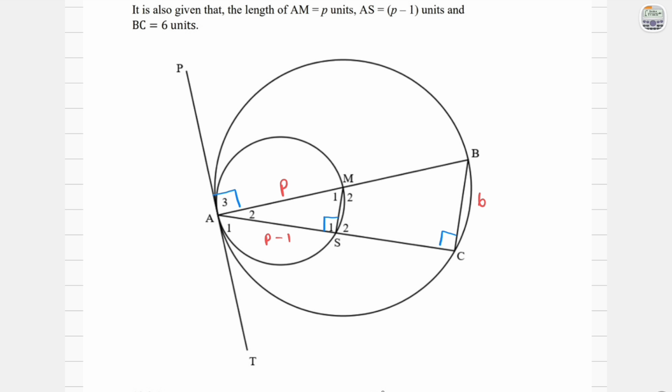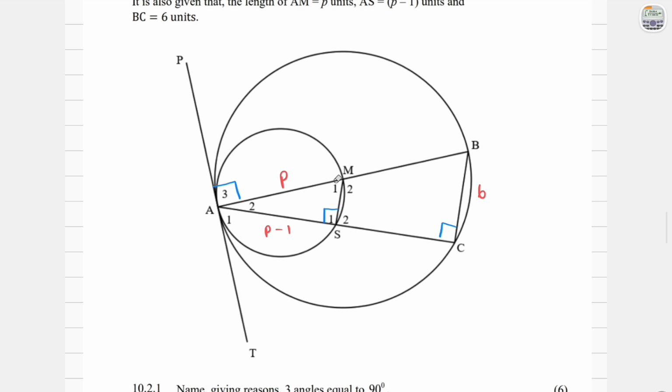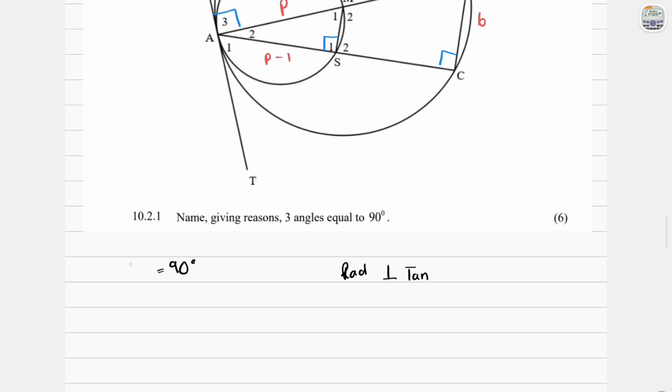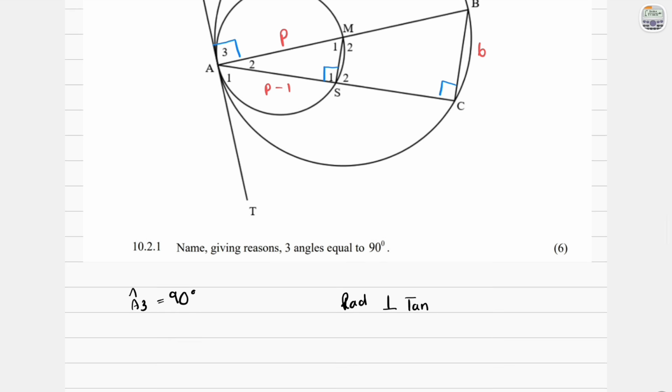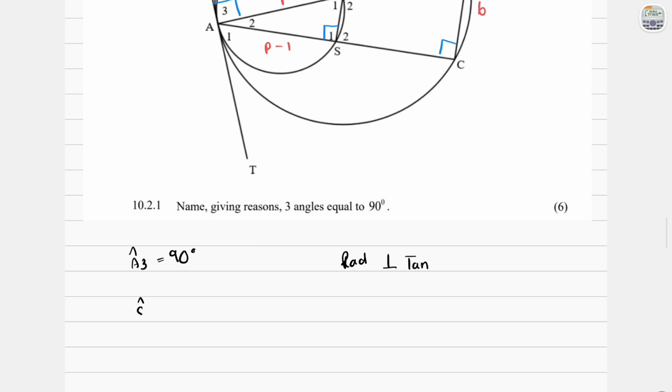So I'll just name these 3. Angle A3 is equal to 90 degrees because the radius is perpendicular to the tangent. So, radius perpendicular to tangent. And then we also have angle S1, which is 90 degrees because of the tan chord theorem.